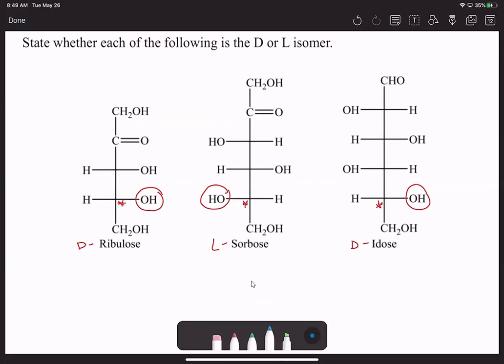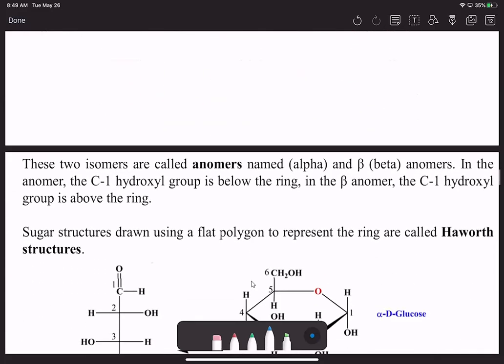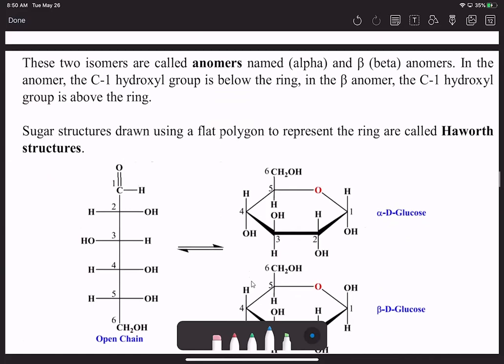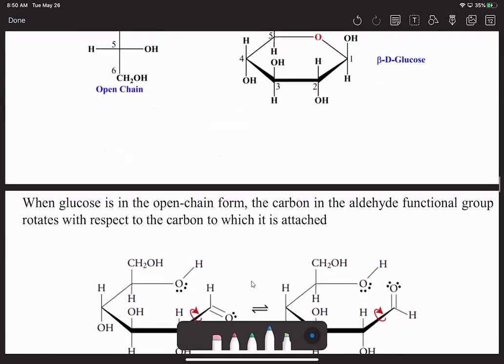All of these sugars can close up and form ring structures, and we're going to talk about what we call alpha and beta isomers, or anomers. These ring structures are what we're going to call Haworth structures. Before we look any more at this, I have a slide in here.